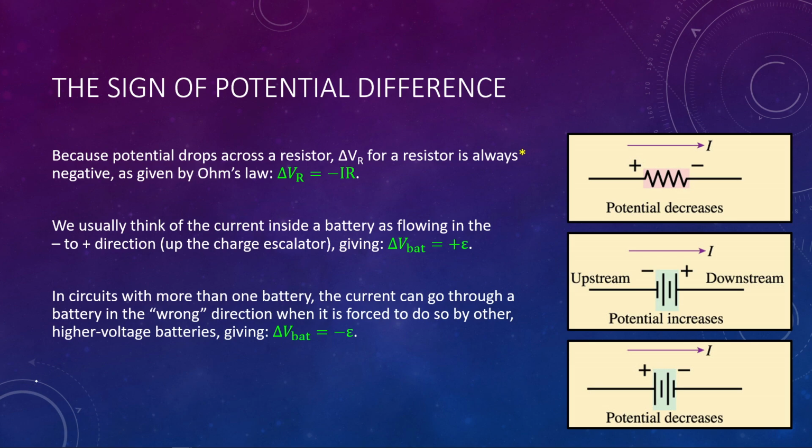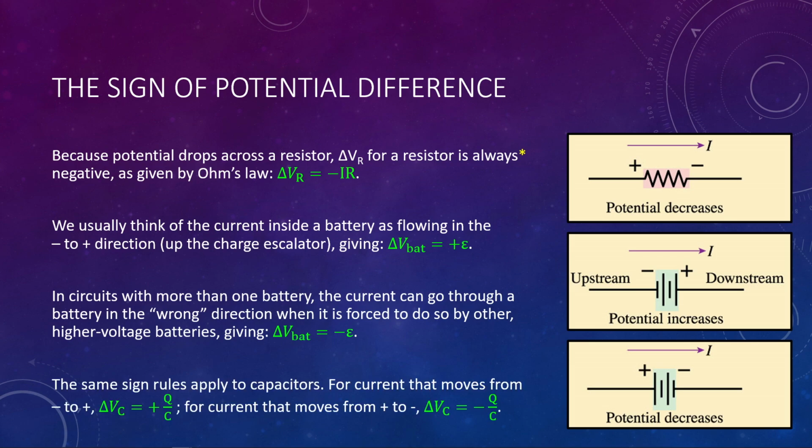So practice, right? And then last but not least, I don't even have a picture for them because we aren't going to talk about them in this lecture. But if you're dealing with capacitors in your circuits, we have an equation from the past. The potential difference across a capacitor is the charge on the plates Q divided by the capacitance, C. It's positive, just like for a battery, if you're going through it normally from the negative to positive terminal, quote unquote, or electrode in this case, and vice versa.